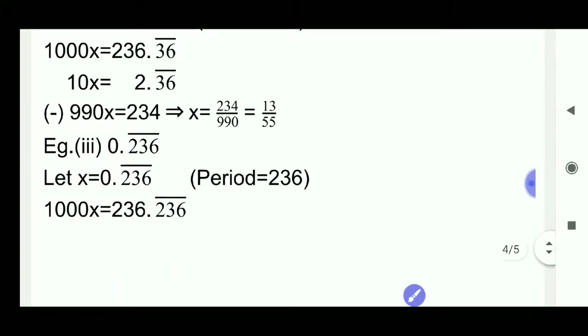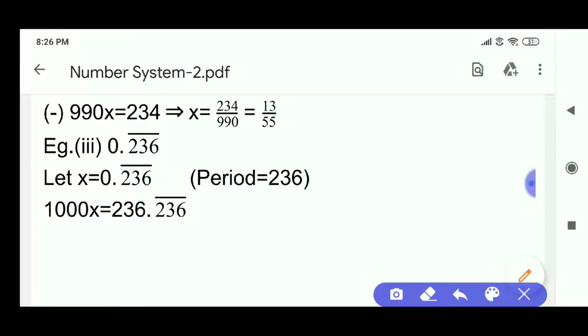One more question. 0.236 with bar on 236. Here the period is 236. The period 236 should be on the left side of the decimal point. So the decimal point should travel 3 digits. So 1000x is equal to 236.236 bar.